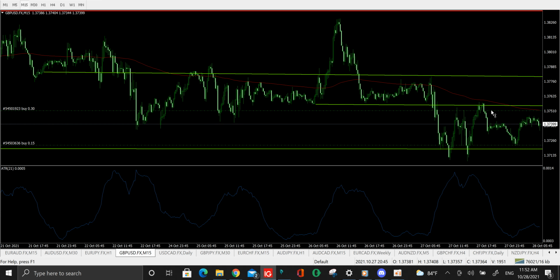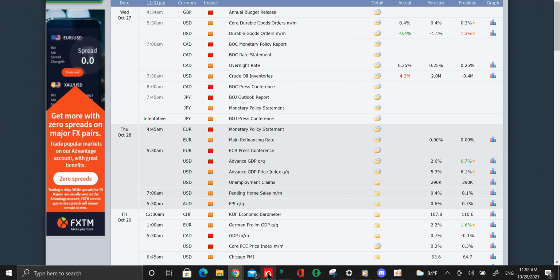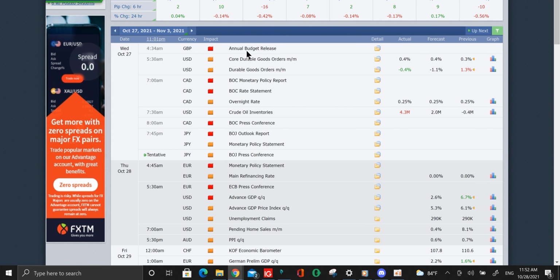session. Even though GBP news had happened, let's flip back to see, annual budget release, there was USD news shortly after that, of course, and this was a few hours ago on this calendar. What had happened after GBP USD news is that there's going to be USD news again in the next 5 hours.